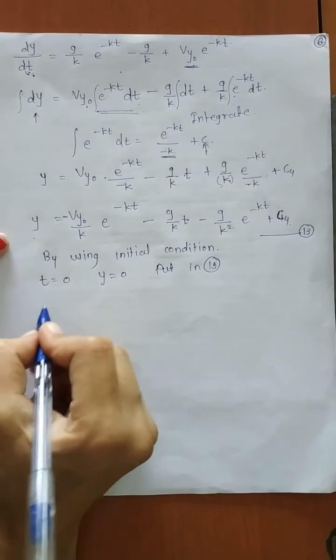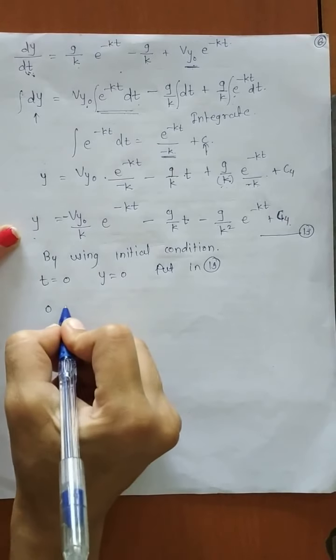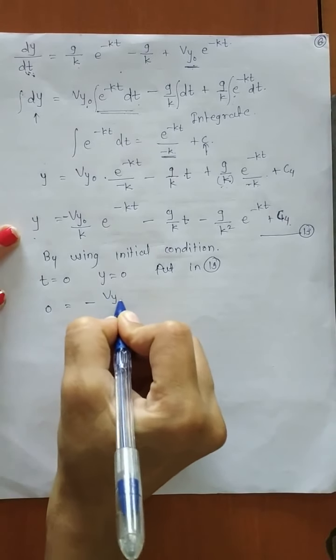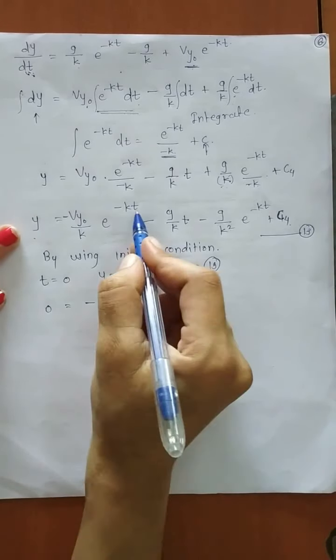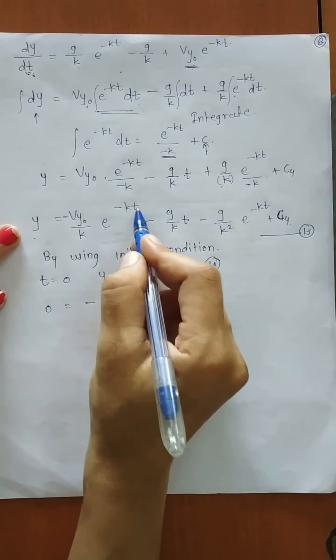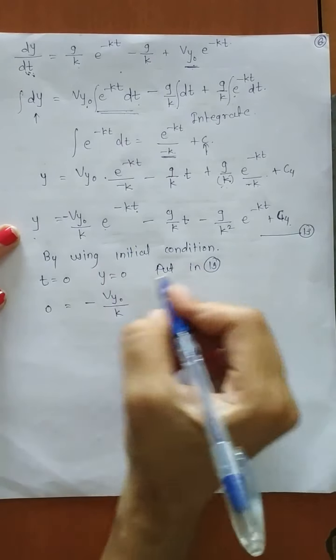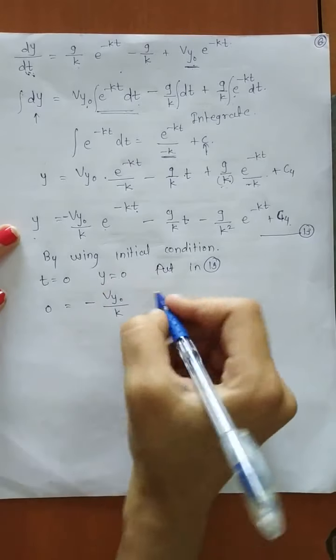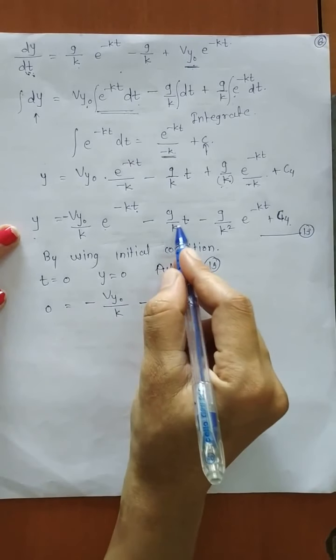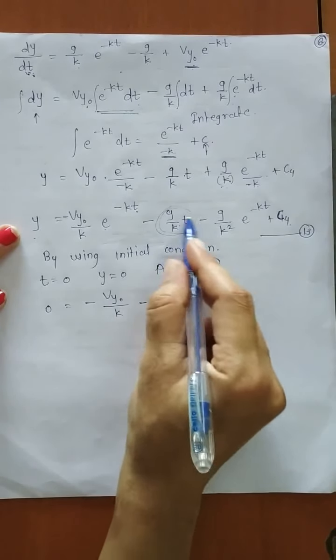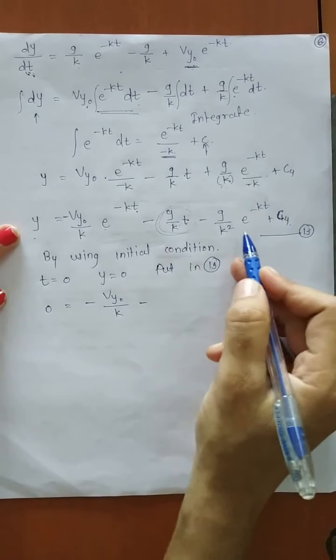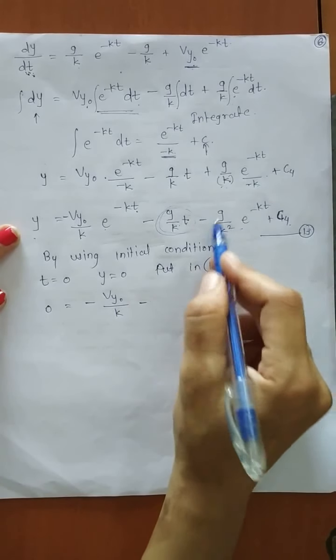You will get, put here instead of y 0, minus vy naught upon k. Now here t equal to 0, e raised to 0 is nothing but 1. So only this term will remain. Now here t is 0, so this term will become 0, so no need to write that term. And what is remaining? This term.